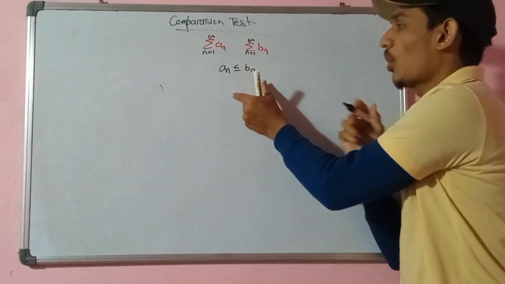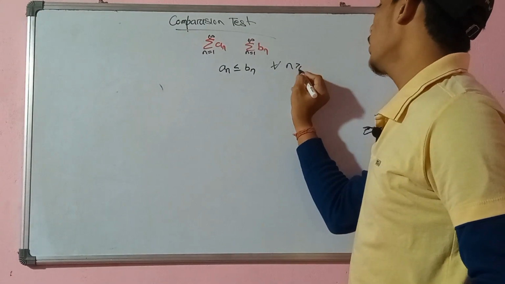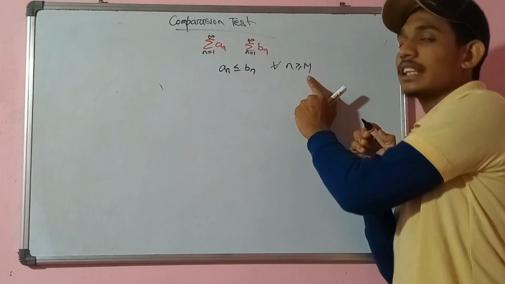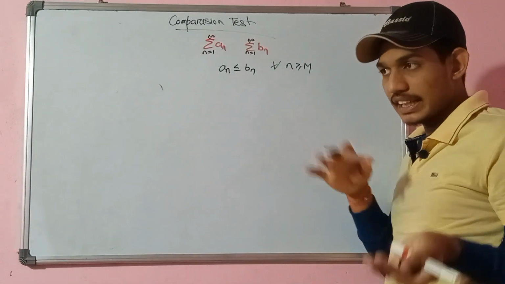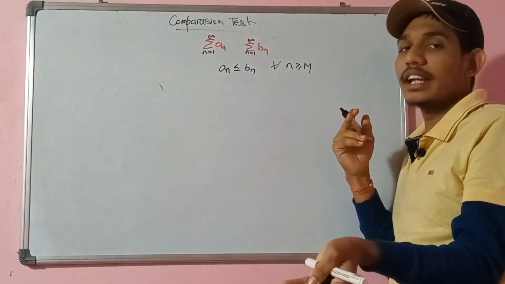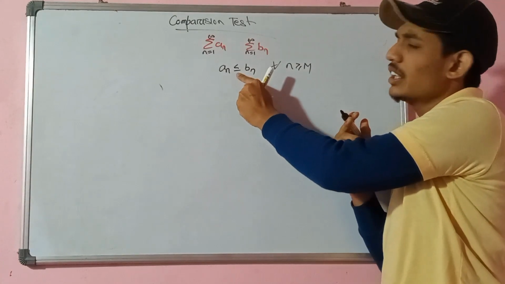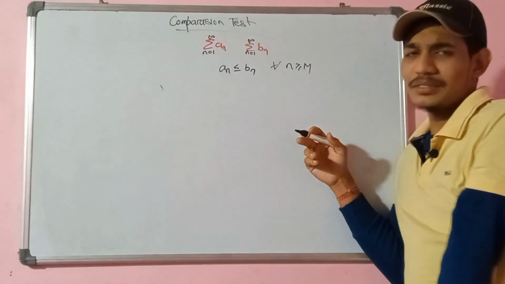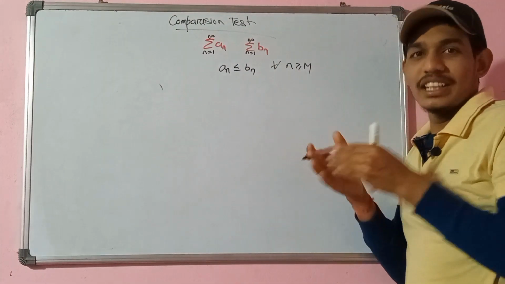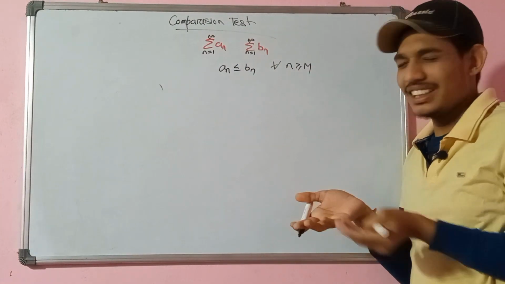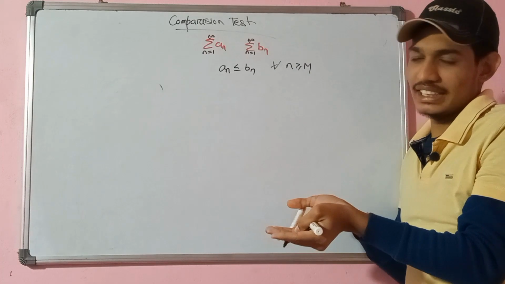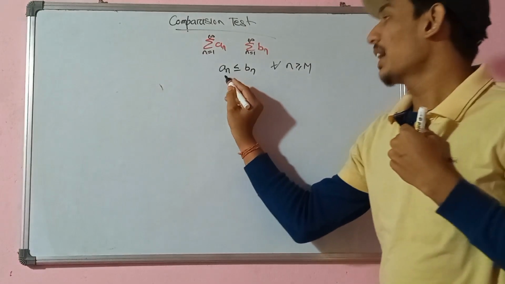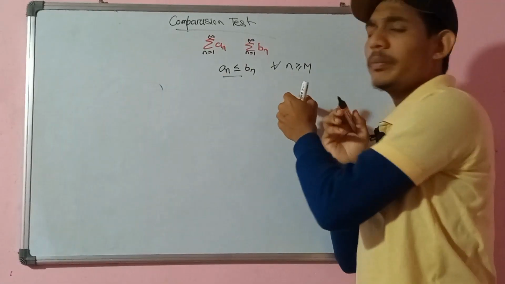This is not for all n, but for all n greater than or equal to m. Some people might think that only if it is strictly less or more, then you can compare. But why do we put the equal sign here? Look, in this series there are infinite terms. If some terms are equal, then what is the problem? Nothing. There are infinite terms. So see here, what is the meaning of aₙ less than or equal to bₙ?